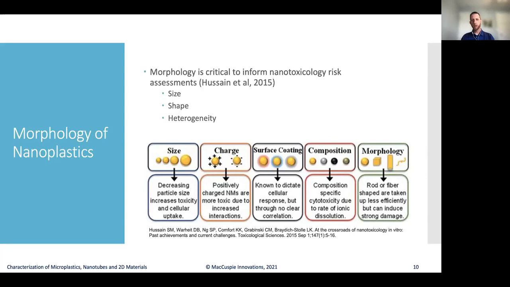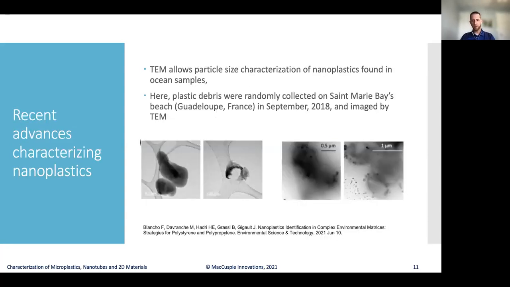And so it's really important in the micro and nanoplastics space, because there's a range of types of shapes and sizes and morphologies as these materials degrade as they move throughout the environment over time. And so there's been a lot of effort.